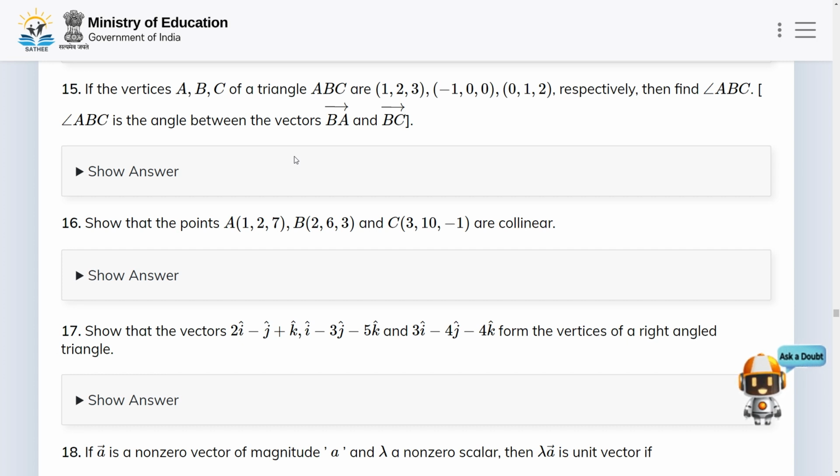So first of all, you have to find your vectors BA and BC, and then apply your concept of dot product to get to know about your angle between these two vectors. As the coordinates are already given to you, you can directly find your vectors BA and BC.